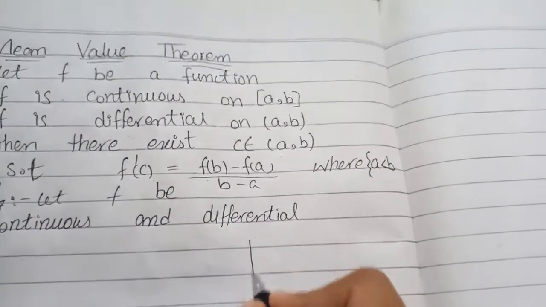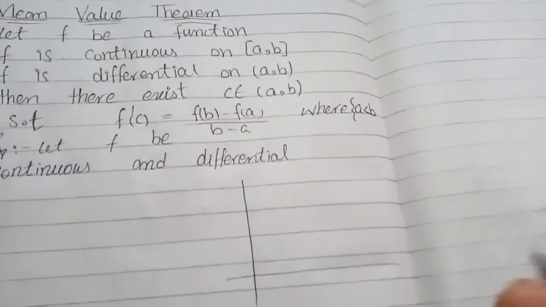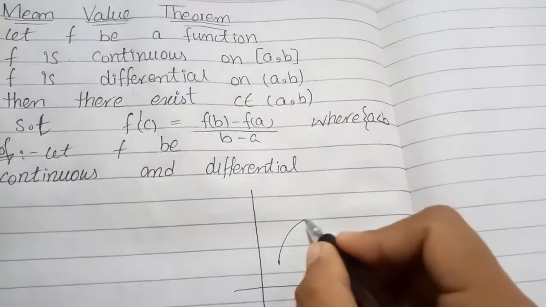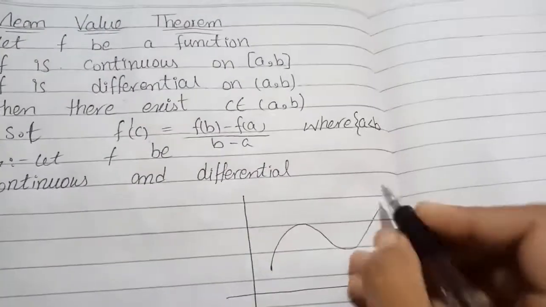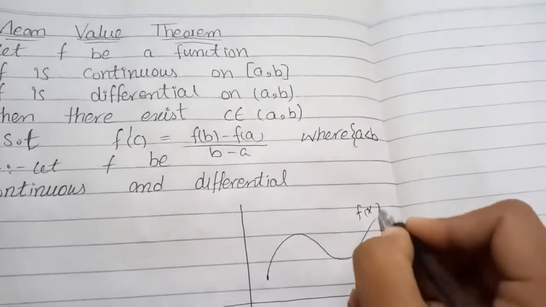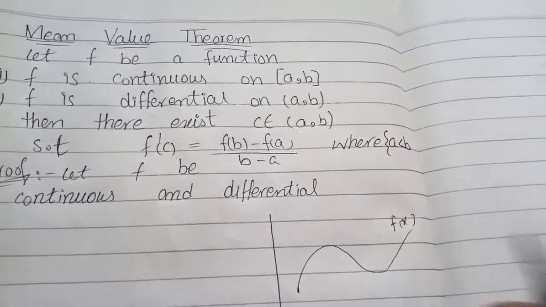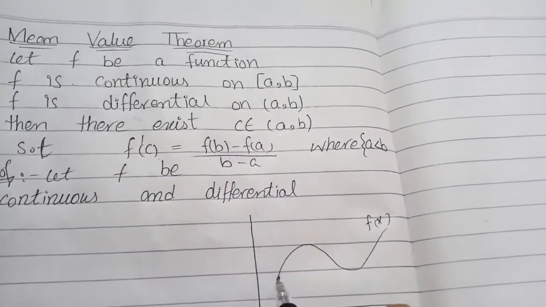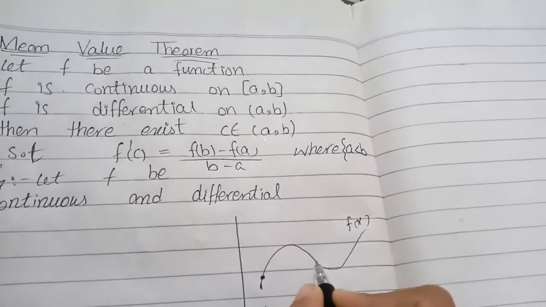If we draw the graph of a continuous function, we know the graph is like that. That is the continuous function f of x. We have two points on the interval: the point a is here and the point b is here.